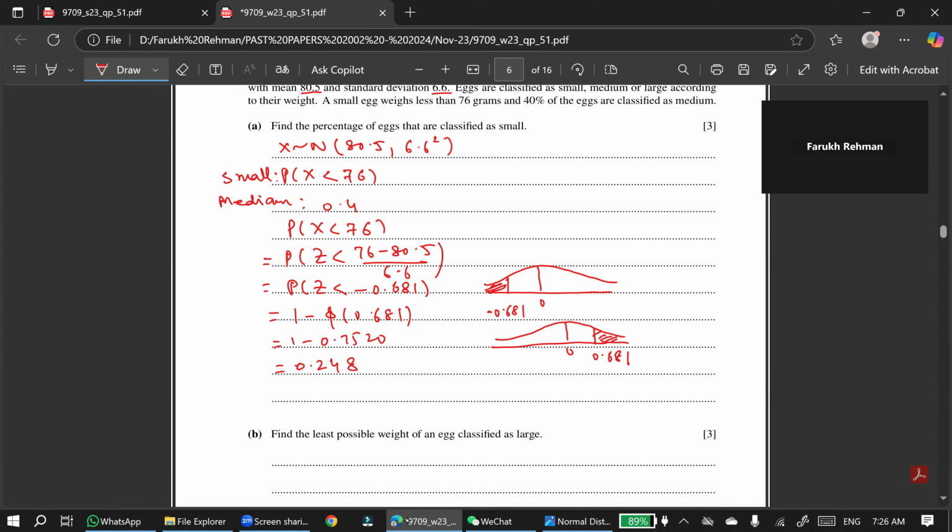We need percentage. The percentage is 24.8%.